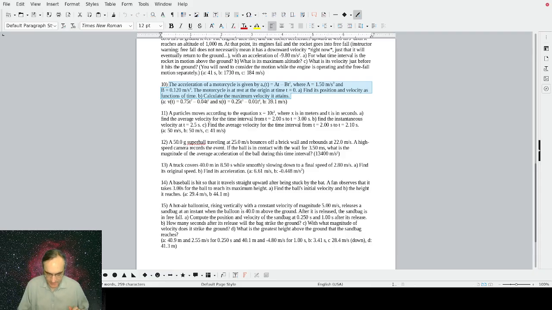So we get our initial position and velocity, and we will be needing those. All right, part A asks, find its position and velocity as functions of time. So we want x as a function of t, and we want v as a function of t.